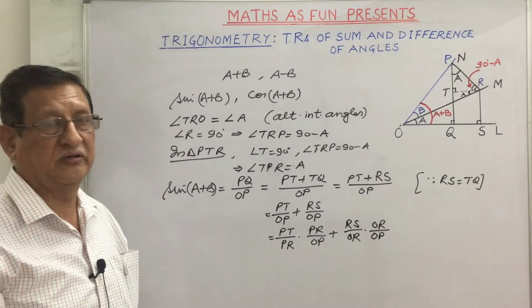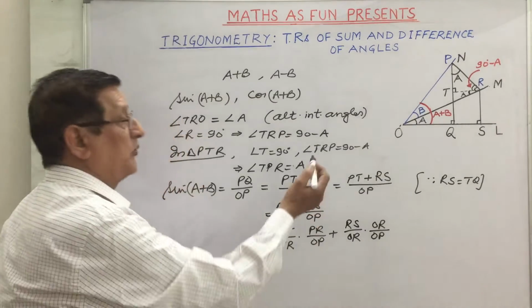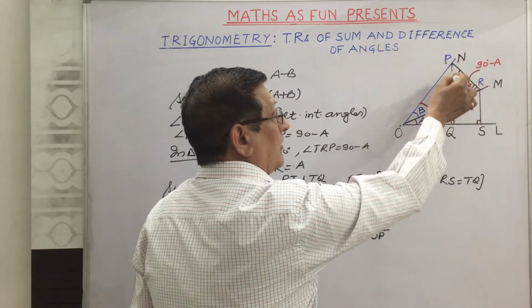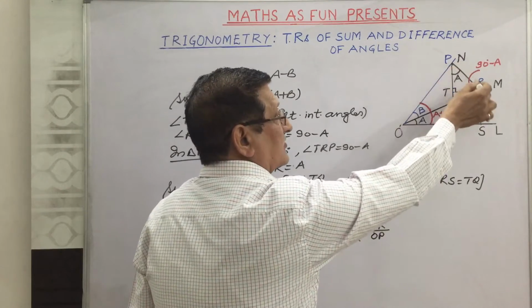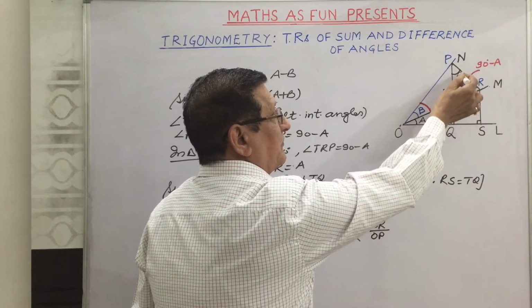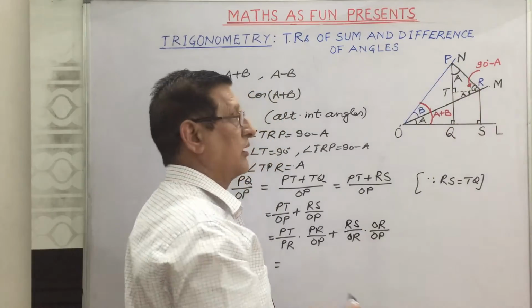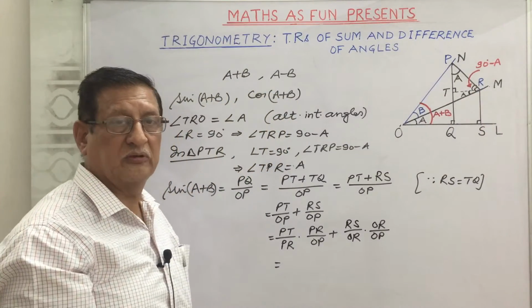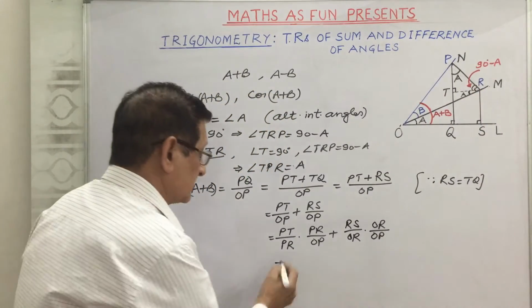Then what we find here, PT upon PR. PT is in this triangle PTR, and PR is here. So PT is the base for this angle A and PR is the hypotenuse. And what is base upon hypotenuse? That is cosine.